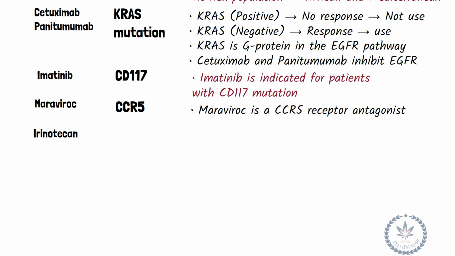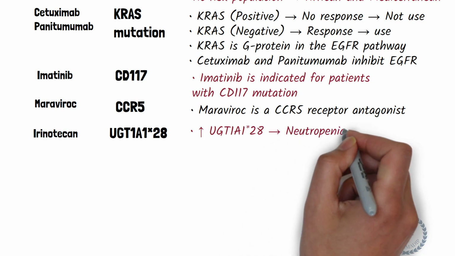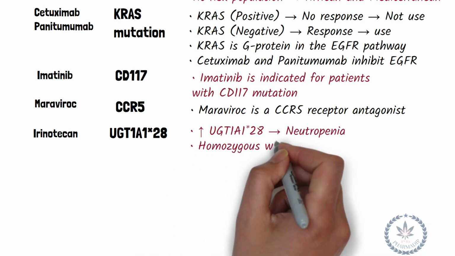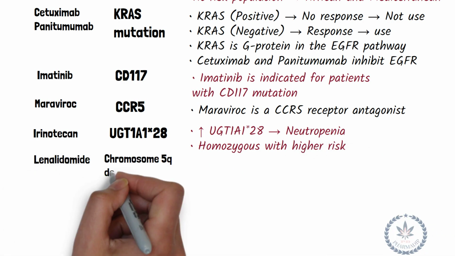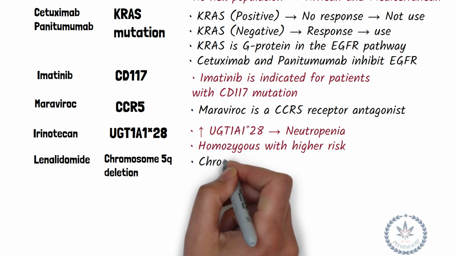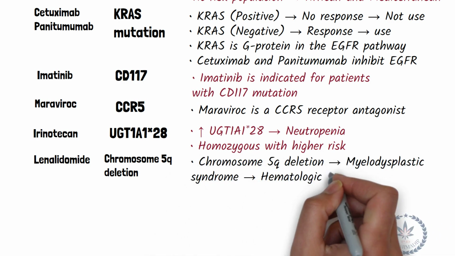Irinotecan, UGT1A1*28. Increased UGT1A1*28 activity or expression leads to neutropenia, and homozygous individuals are at higher risk. Lenalidomide, chromosome 5q deletion. Chromosome 5q deletion leads to myelodysplastic syndrome and hematologic toxicity.